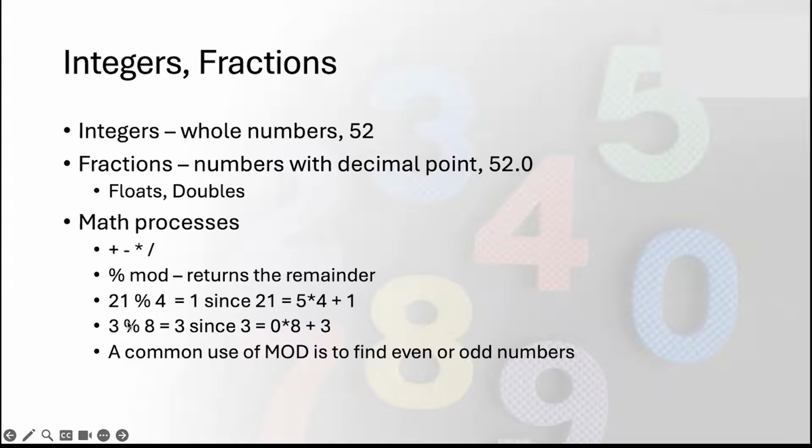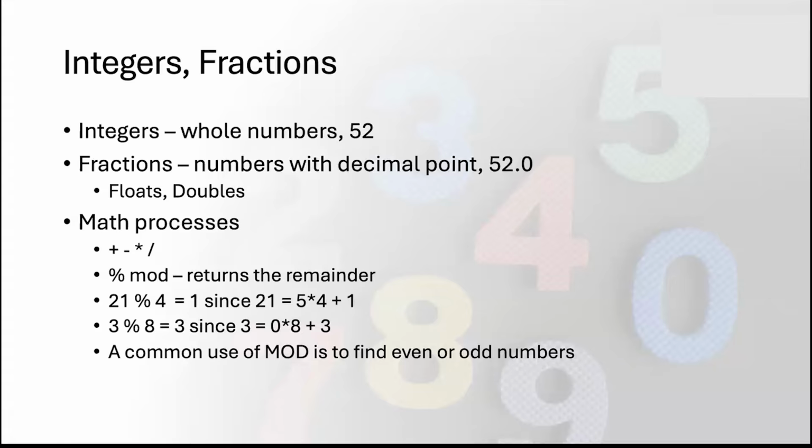And then there's also a very special operator in computer science called mod. We use the percentage sign to represent mod, which returns the remainder. So here's how we calculate the result of mod. If we do 21 mod 4, we know that 4 times 5 is 20. So the remainder will be just 1.